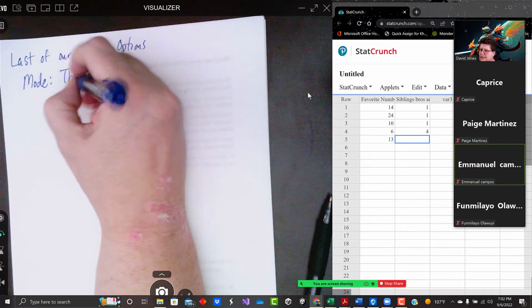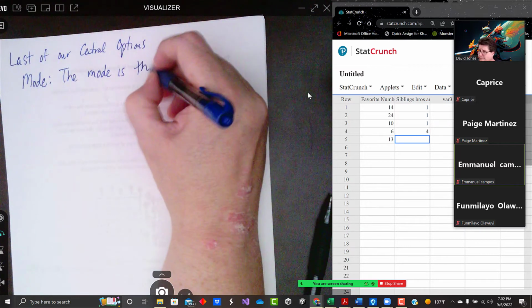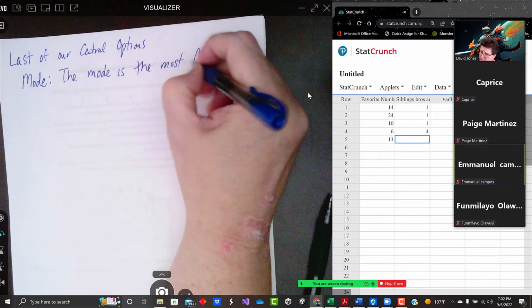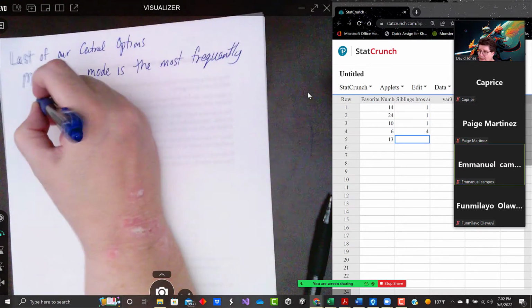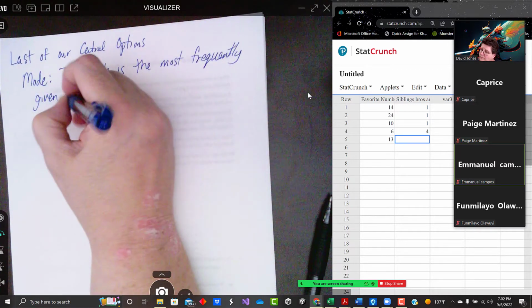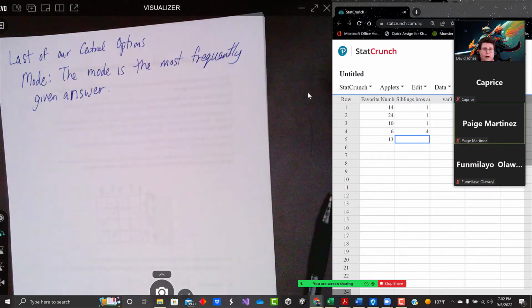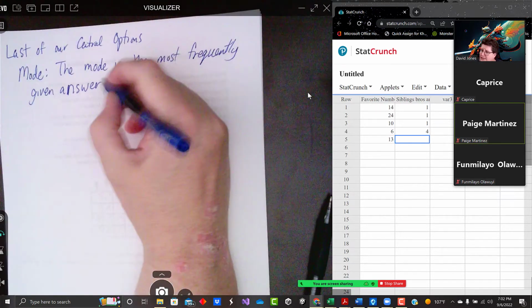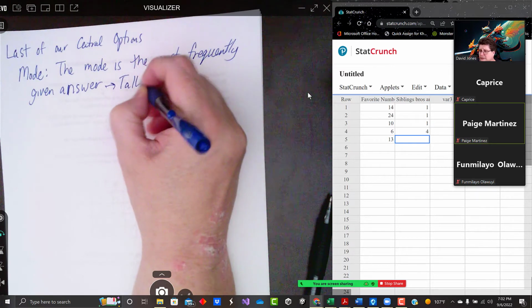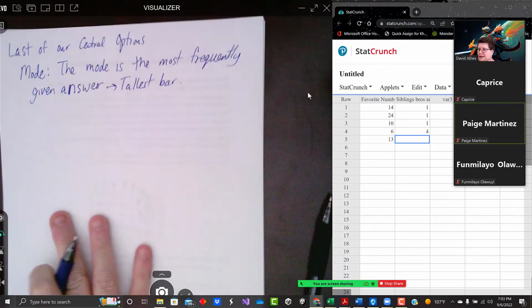The mode is the most frequently given answer. On a histogram, if the bars represent single values, it's going to be the tallest bar, if you can do a histogram for it.